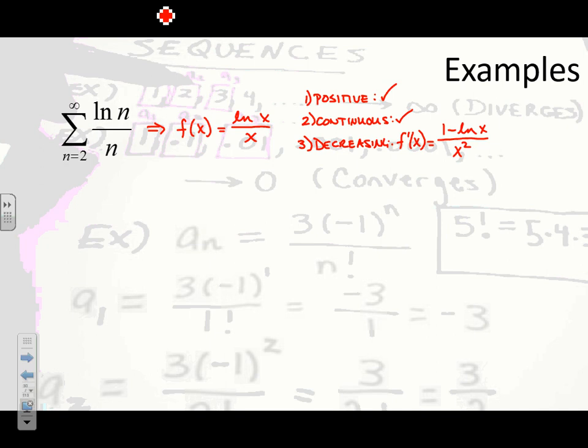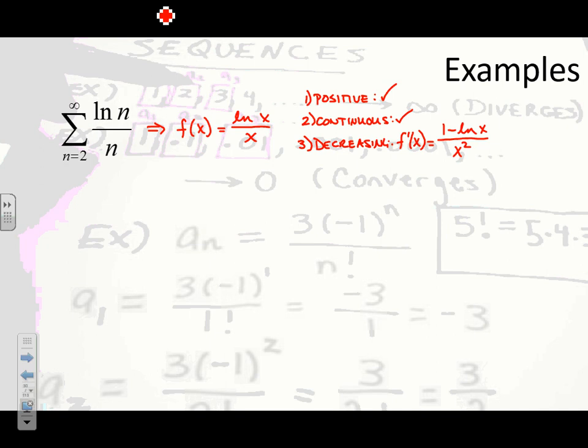Now, if you use your calculators, take 1 minus the natural log of 2. Someone do that for me real quick. It's 0.3, all right, it's actually a positive number, right?